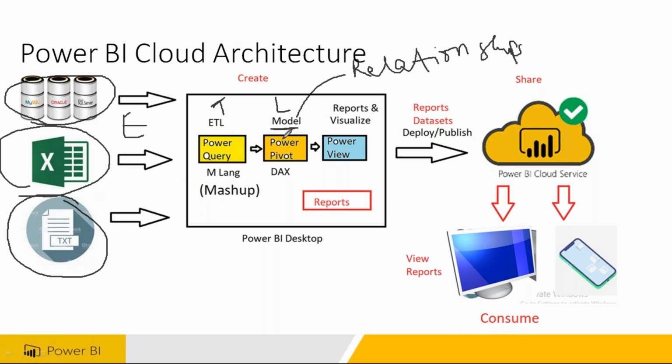You perform ETL operations, you create relationships here, and later we create reports with all the visualizations. So in MSBI, Microsoft Business Intelligence, there are three tools. ETL is done with SSIS, SQL Server Integration Services.